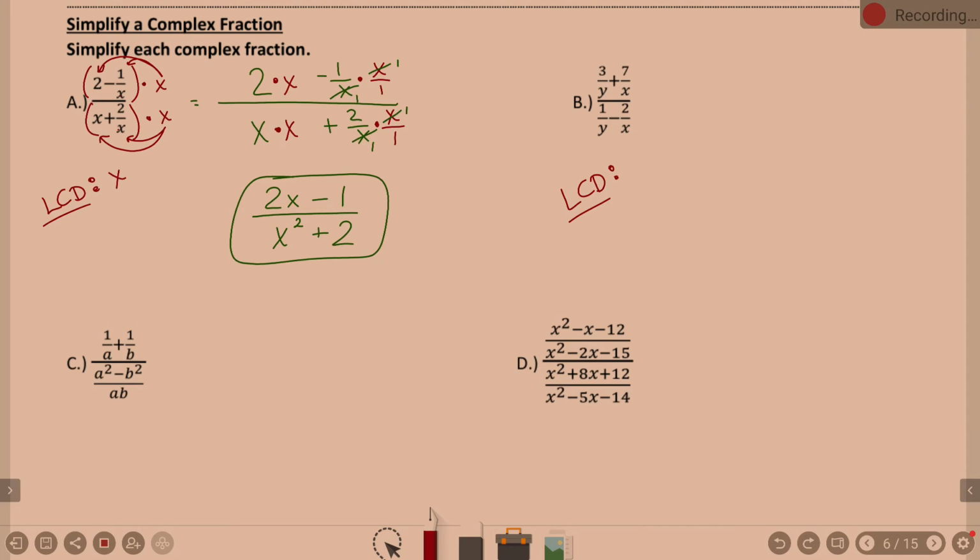Two of them have an X in common. Two of them have a Y in common. Anything else ever in the denominators? No. So what's my least common denominator? XY. What am I going to multiply every single term on top and bottom by? xy.